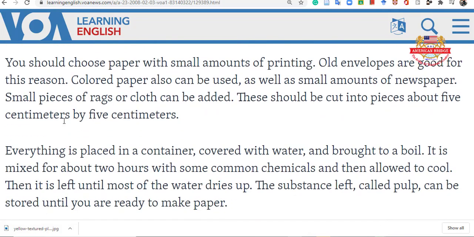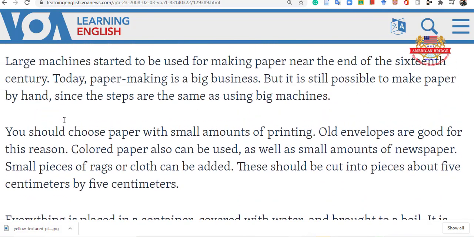So let's check what they compare between when it is made by machine and making by hand. So by hand, the steps are the same as using a machine. So you should choose paper with a small amount of printing.